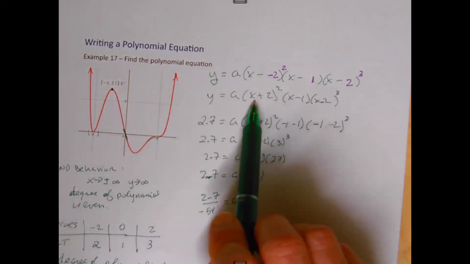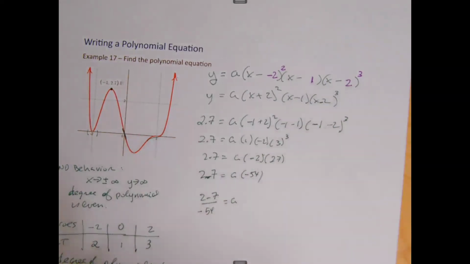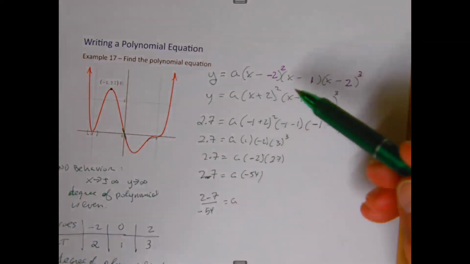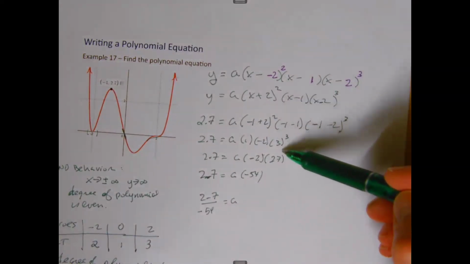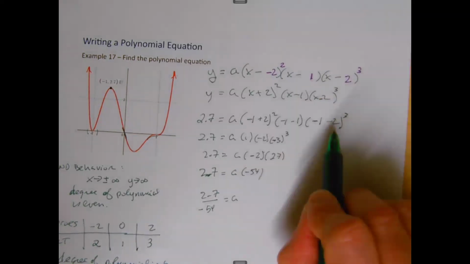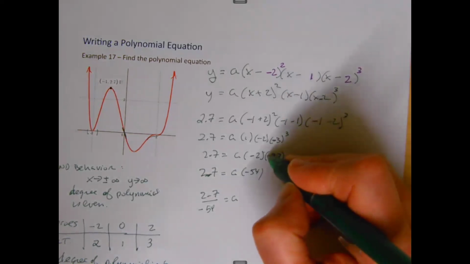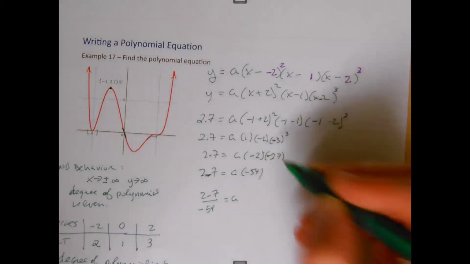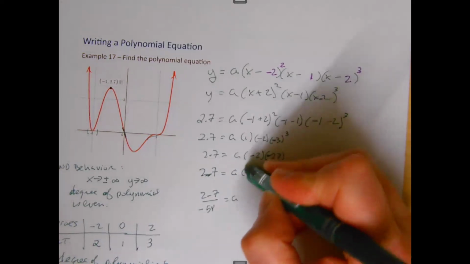Oops. Interesting. Okay, let's see again. Oh, they're right here. This is negative 3, right down. So negative 3 cubed is negative 27. So that turns out to positive 54.